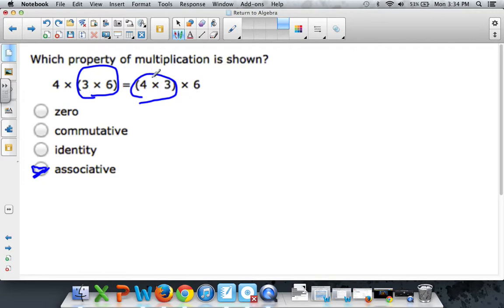So it doesn't matter how you group it, multiplication in the end is going to balance out. Just know that when you see these parentheses thrown in, in a problem that would otherwise be identical on both sides of the equal symbol, that's associative.